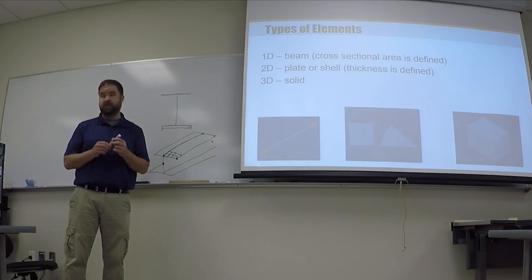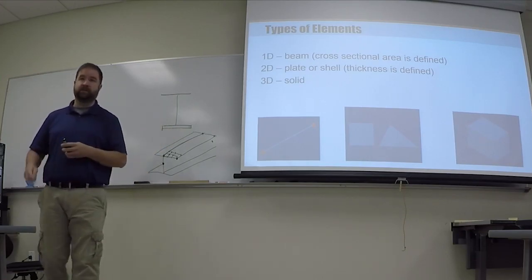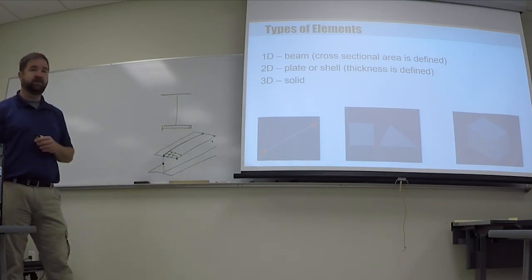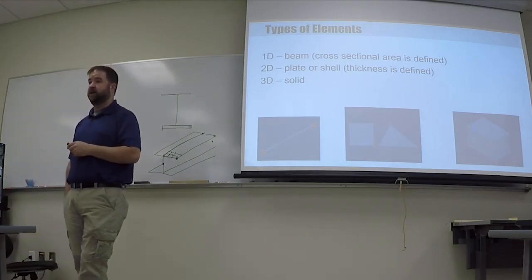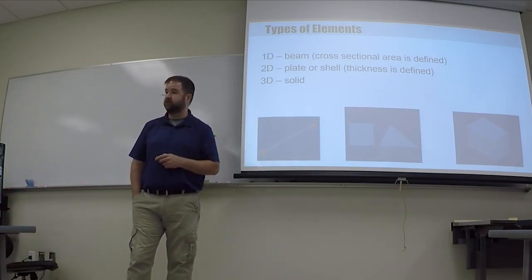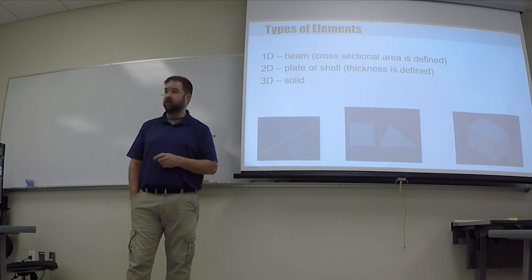Okay? So that's the point I'm trying to make there, is that let's simplify things to the simplest type of model that gives us good results. And so the common theme as we work through these assignments is, let's try modeling it this way and see how good the results are.